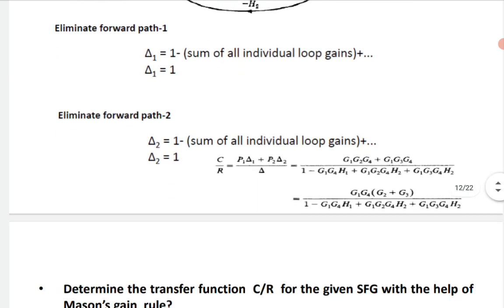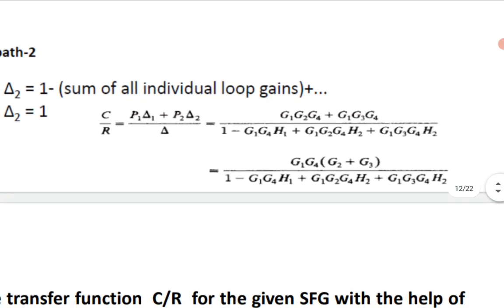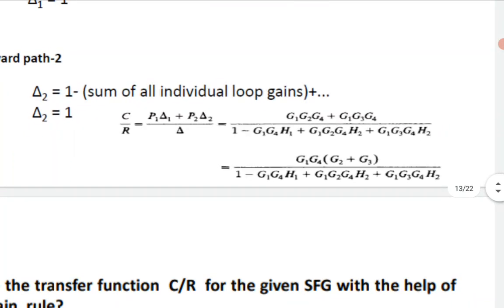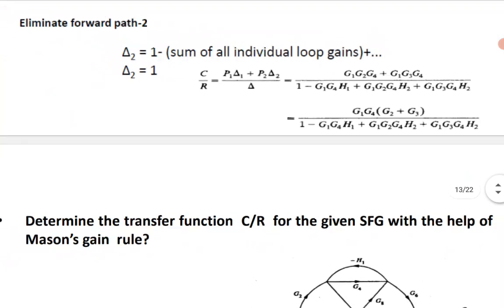After substitution, C by R is equal to P1 delta 1 plus P2 delta 2 by delta, which generates G1, G2, G4 plus G1, G3, G4 divided by 1 minus G1, G4, H1 plus G1, G2, G4, H2 plus G1, G3, G4, H2. And you can take common terms and generate the answer.